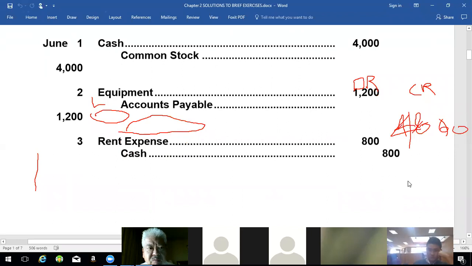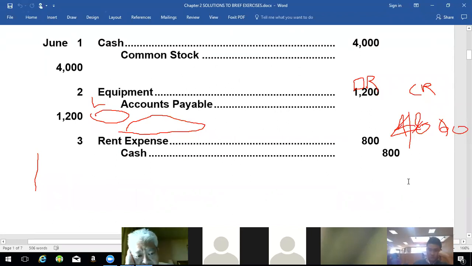The next problem, of course, was we had a rent expense. Now remember I said that anything called an expense is an expense. Just take it for what it says. And it increased because we didn't have it before. So we debit the expense; it should increase. This time we paid for it with cash.